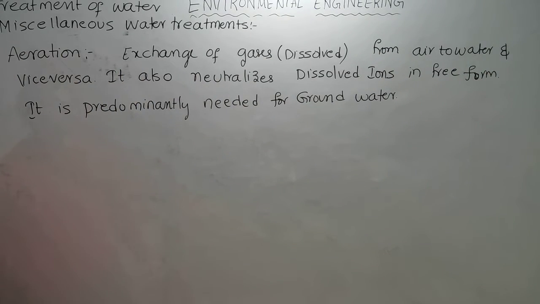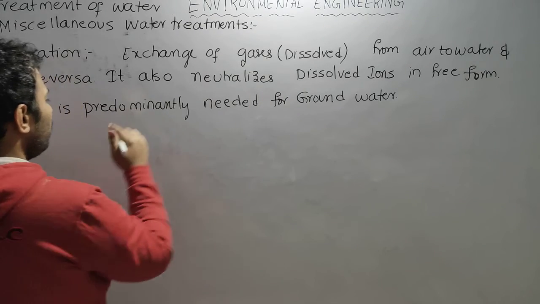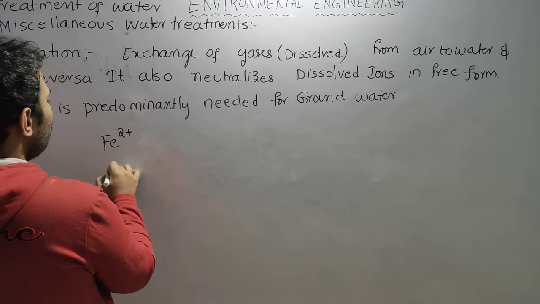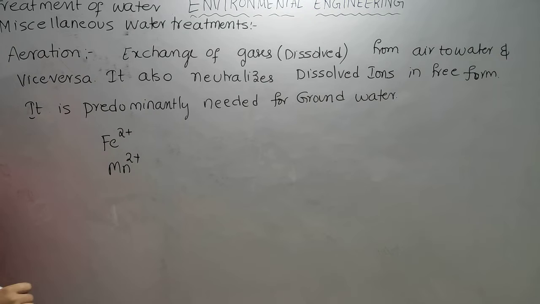For example, take dissolved ions like iron and manganese in their free form: Fe2+, Mn2+. They are dissolved inside the water, but they are in free form, not in any kind of bond.